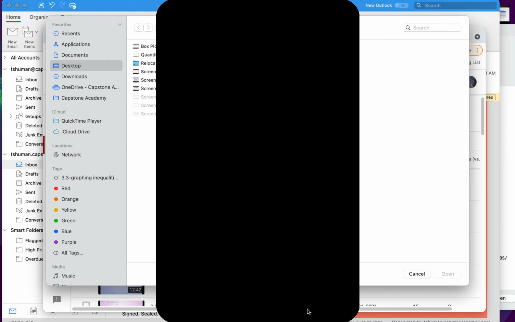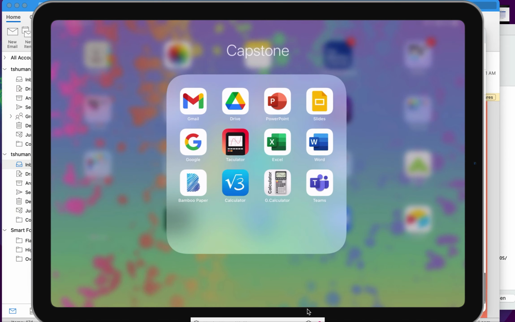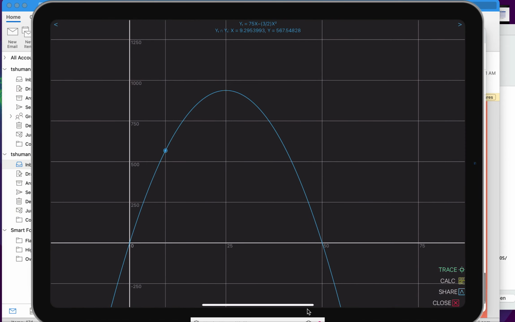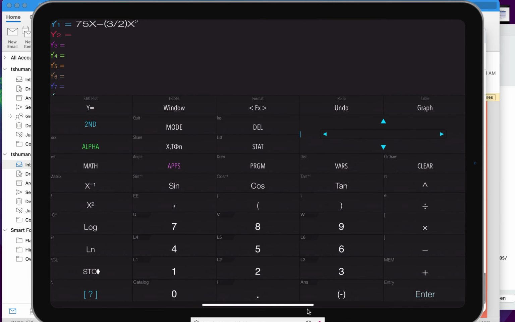If I switch to my calculator, 5x to the third minus 10x squared minus 20x plus 7.